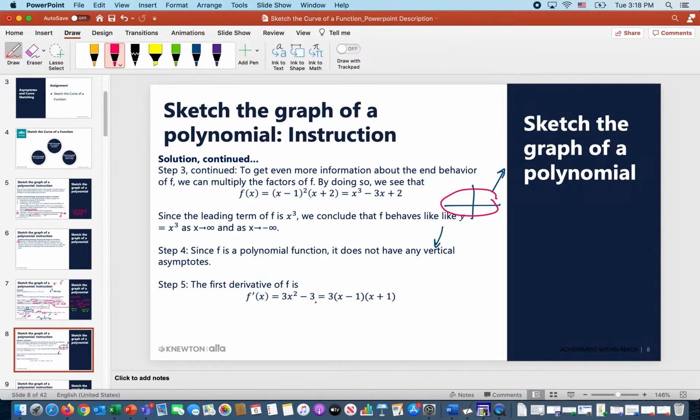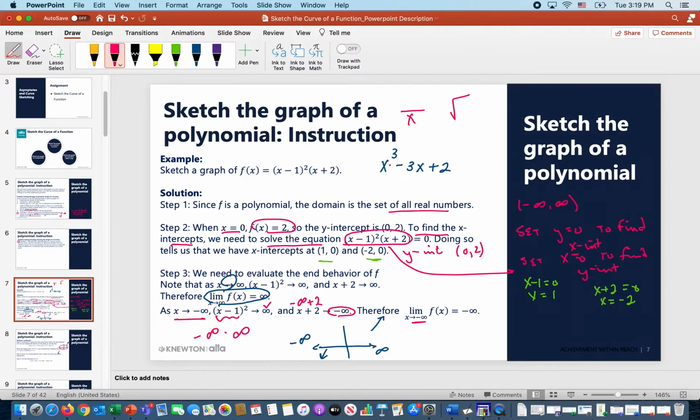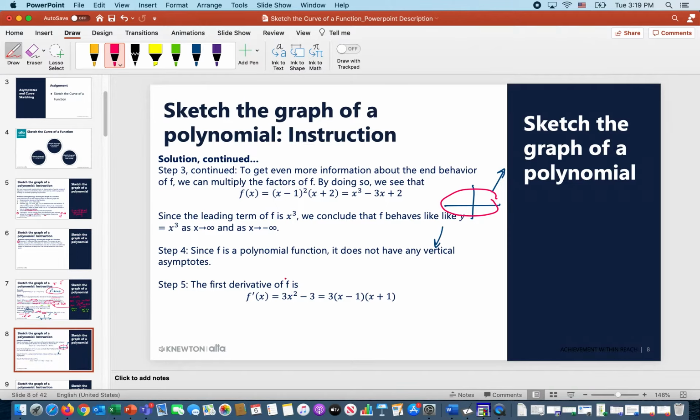So if you recall, we rewrote that function as x to the third minus 3x plus 2. Our derivative then would be 3x squared minus 3, and that derivative shows up here. Now, there may be a typo on one of your PowerPoints if you're looking in Canvas here, and I believe it's right here. I think in Canvas they have this as a 2, and this was an error by the publisher.